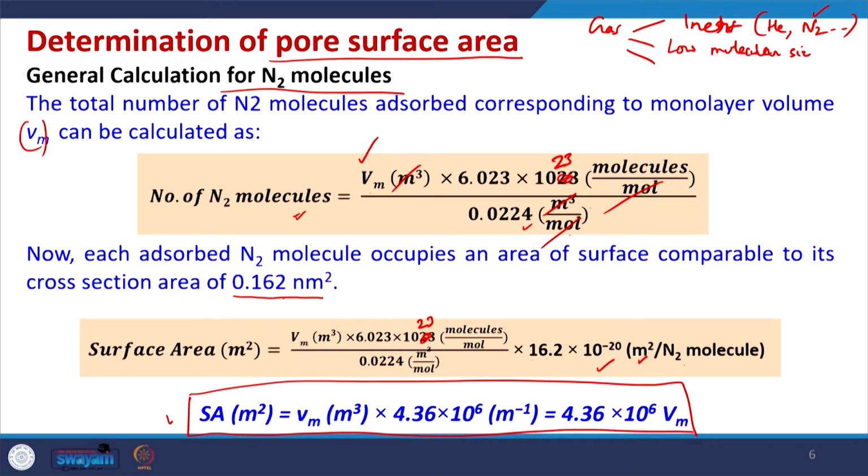The only thing is that we should know the Vm, the monolayer volume which has been adsorbed, and that data can be obtained from the BET equation. All the calculations have been performed here: 4.36 into 10 raised to 6 into Vm, and this Vm should be in meter cube. This we have to take care of.